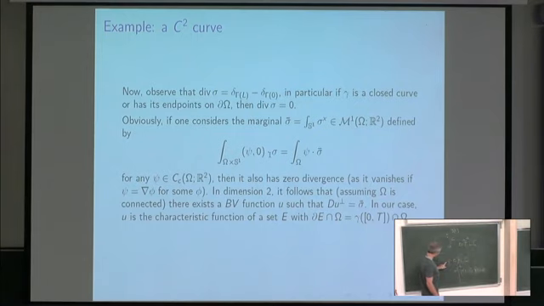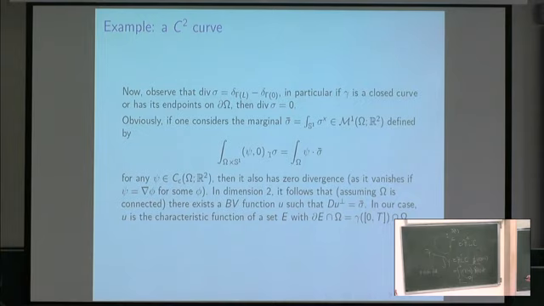It's easy to see from this formula, because if this particular vector field is of the form grad psi, for psi a scalar function, then you see that this becomes the integral over t of grad psi of gamma of t times gamma dot, so this is the derivative of psi of gamma.